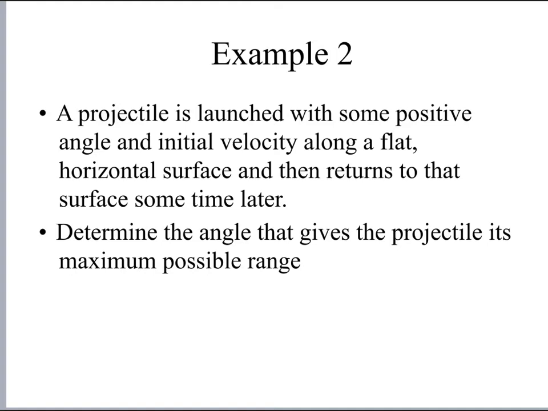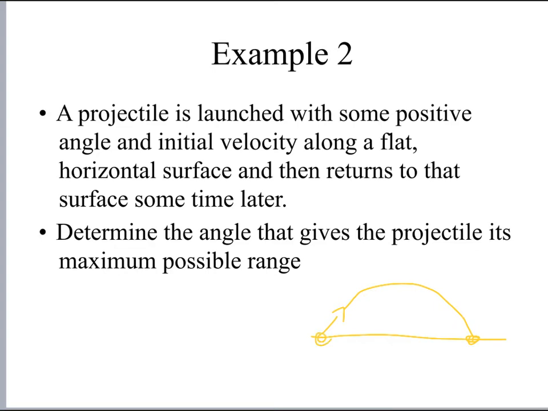It says a projectile is launched with some positive angle and initial velocity along a flat horizontal surface, and then it returns to that surface sometime later. So in other words, I've got a flat horizontal surface, I've got some projectile, it shoots up, it comes back down, it returns to that flat surface sometime later.